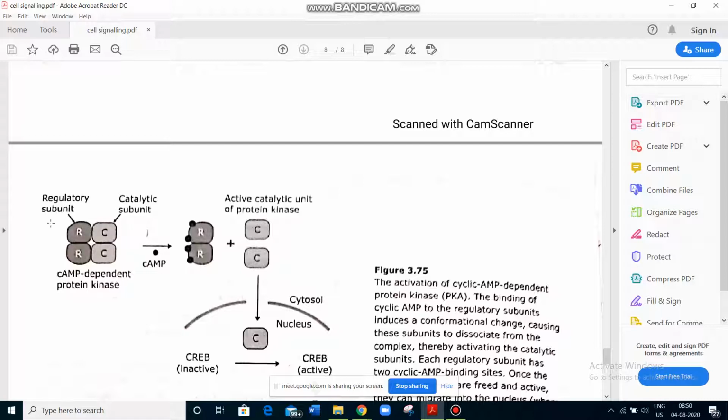So there are two regulatory subunits and two catalytic subunits. That cAMP molecule, the second messenger, will activate the protein kinase. So what will be the function of cAMP, cyclic AMP?